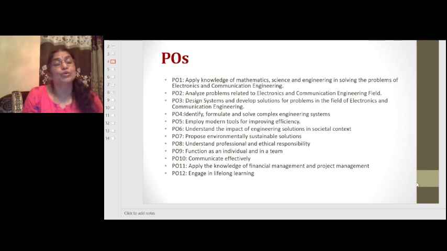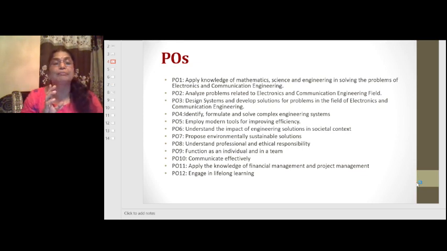And the sixth PO is understand the impact of engineering solutions in social context. The seventh PO is propose environmentally sustainable solutions. The eighth PO is understand professional and ethical responsibility. Now ninth is function as an individual and in a team.